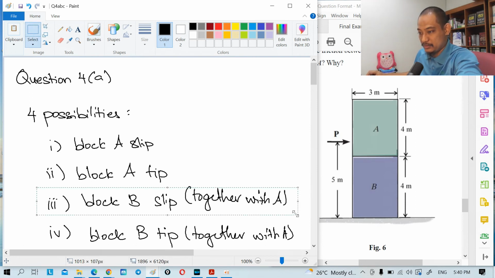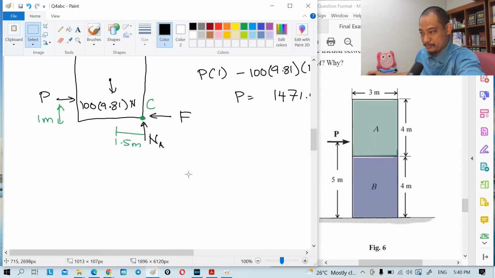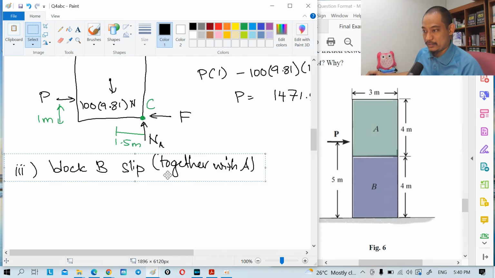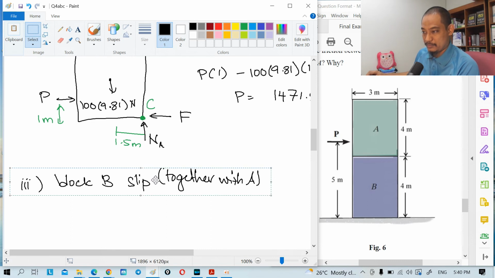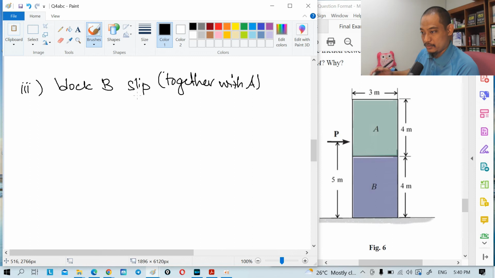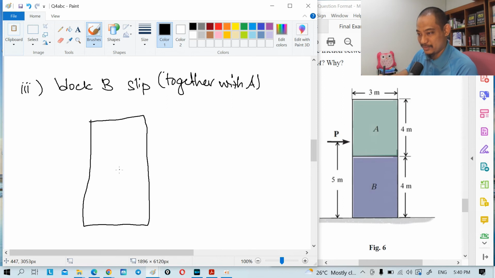So this is block B slip, together, of course, with A, because A is on top of it. So in terms of the free body diagram, it's actually both together.